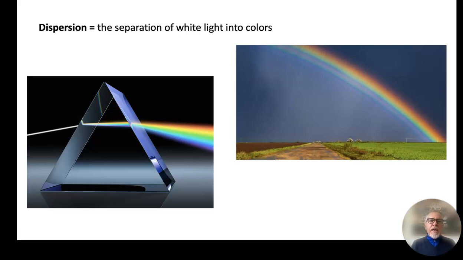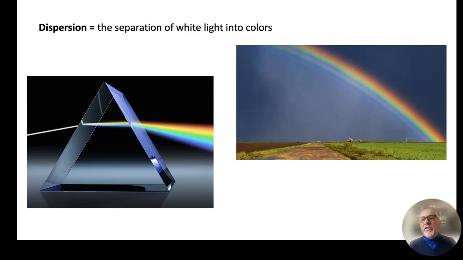Now, if we take white light and shine it through a prism, we can break it into its rainbow colors. In other words, white light is really composed of all the different colors of the rainbow.